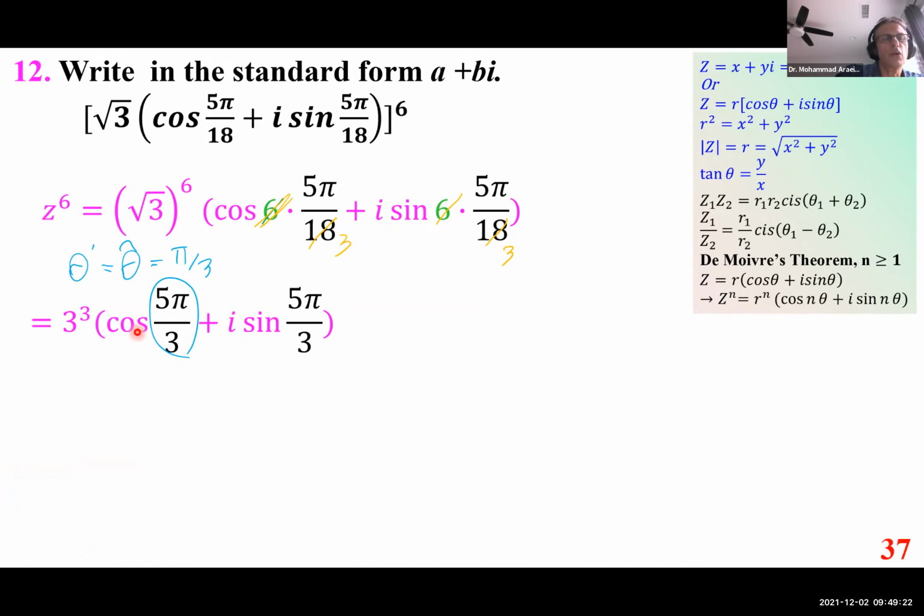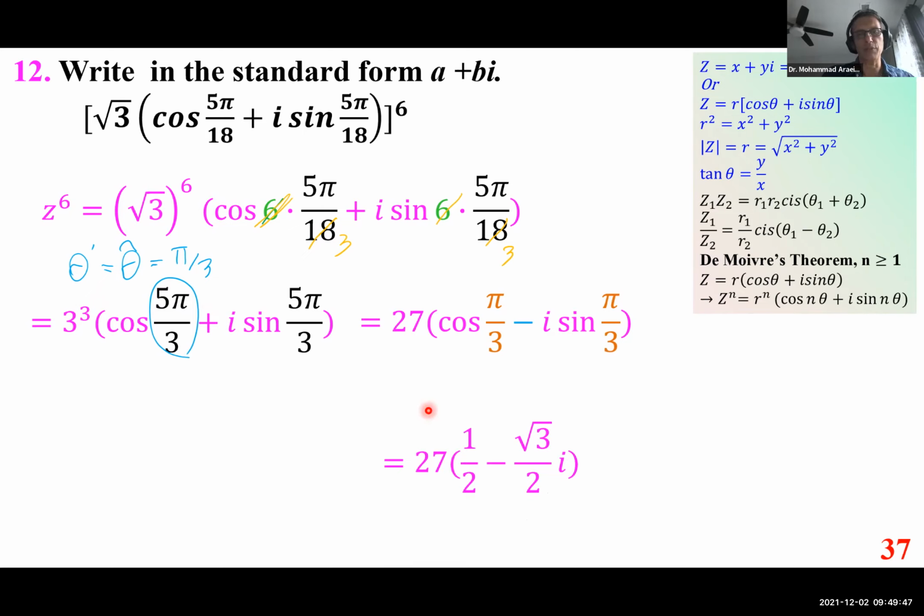Now, cosine of 5 pi over 3: 5 pi over 3 puts us in the 4th quadrant, which means cosine is positive, sine is negative. That's why this doesn't change, but this one changes from positive to negative. Pay attention to the sign. Needless to say, 3 cubed is 27. Cosine of pi over 3 is 1/2. Sine of pi over 3 is square root of 3 over 2. You apply the 27 to each and every one of them, and that's the final answer in standard form.